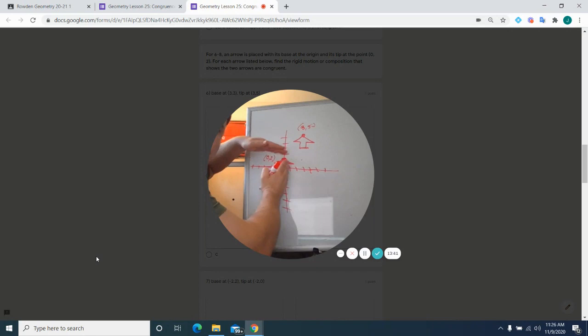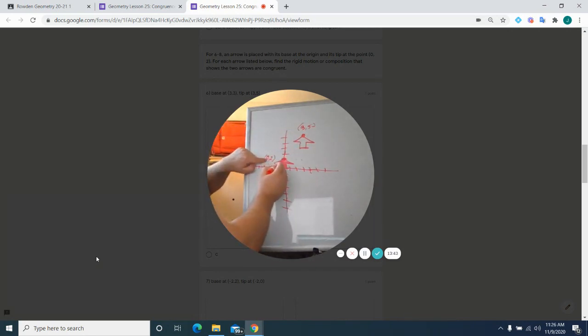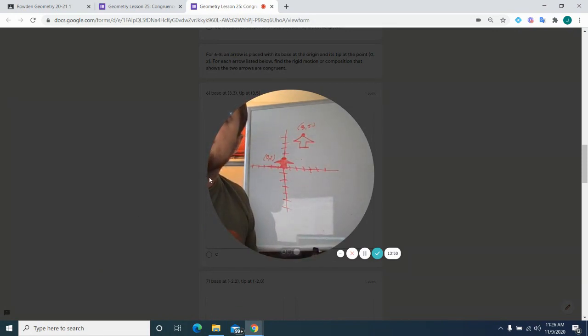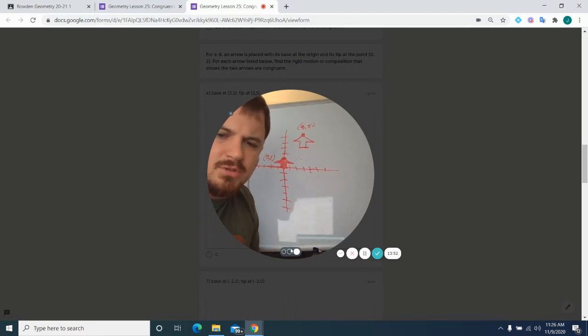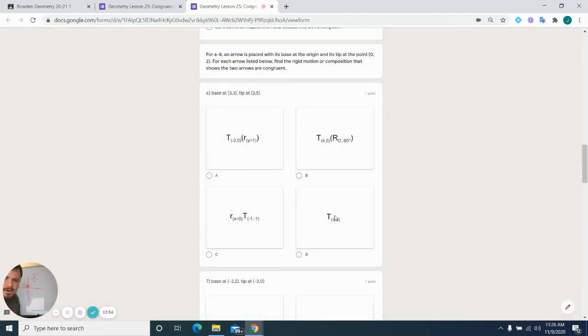Just picture moving this over 3, up 3. Look at the difference. 0 to 3, you need to go up by 3. 2 to 5, you need to go up by 3. So our answer, when I scoot this out, is going to be right here, T3, 3. All right.